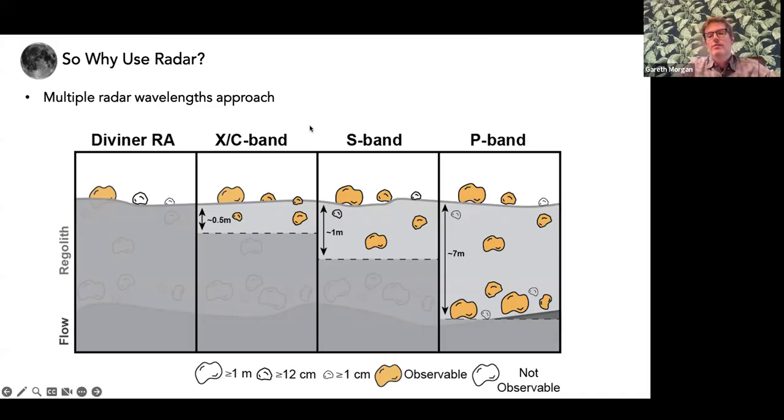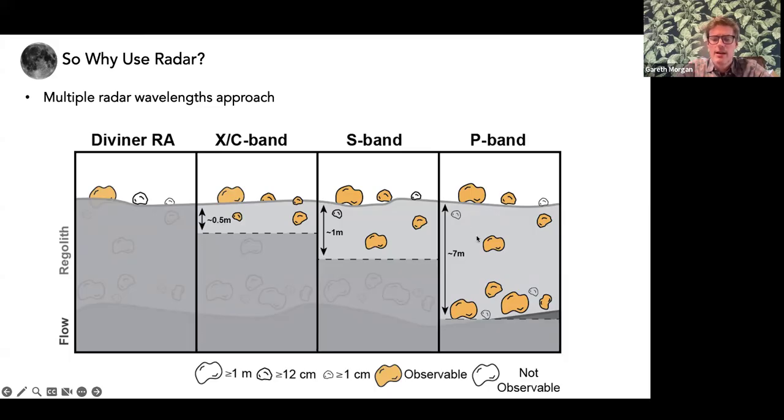But what we can do is use variable wavelengths of the radar. We have X-band, which is 4.2 centimeters. Sorry, sometimes I put in these old World War II designations for the different radar bands, but we have the 4.2 centimeter, 12.6, and 70 centimeter. The difference is that they're sensitive to different size rocks based on the wavelength, and also different penetration depths, with the shortest one being probably less than half a meter or so.